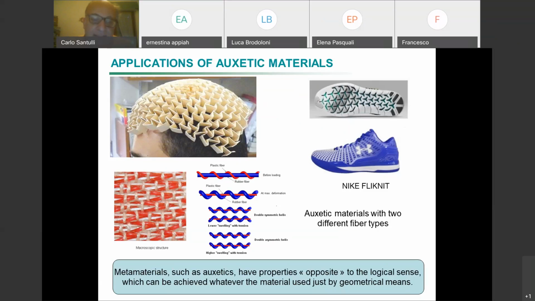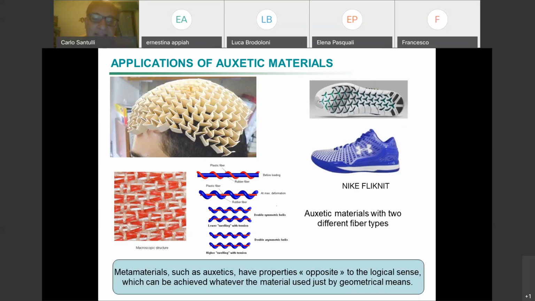Other possibilities have been studied about producing auxetic composites. Most composites which have been produced in engineering are fiber reinforced composites with carbon fibers, glass fibers, Kevlar fibers in particular, now also basalt fibers. And these composites can be made with two different fibers, with two different elongations.